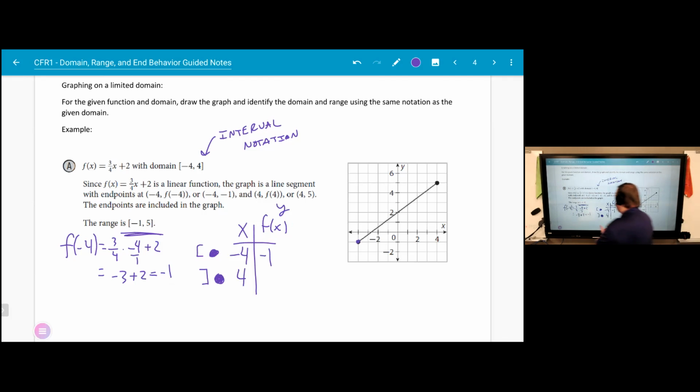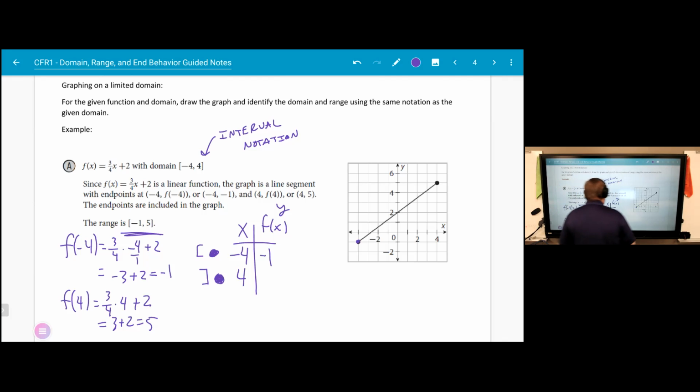And now we can plug 4 in. The value when we input 4 is 3/4 times 4 plus 2, or 3 plus 2, which is 5. So if I input 4, my output, or my y value, is 5. So 4, 5, solid dot, because again, it included the value in the interval.